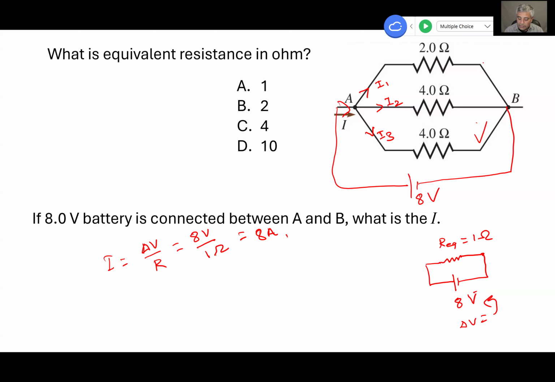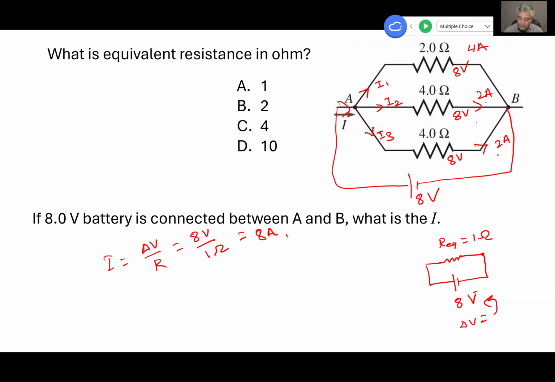Since they are connected in parallel, finding the current through each of them is easy because when they are parallel, they're going to have the same voltage, 8-volt here, 8-volt here, 8-volt here. That means they're going to be 4 ampere, 2 ampere, and 2 ampere.